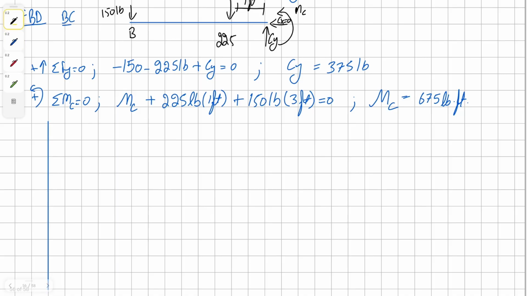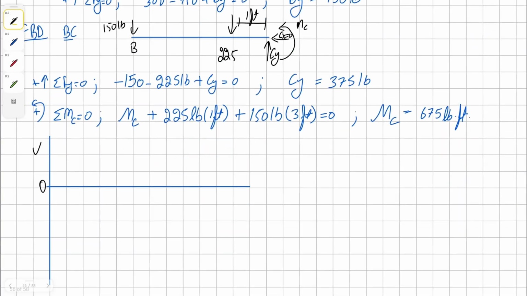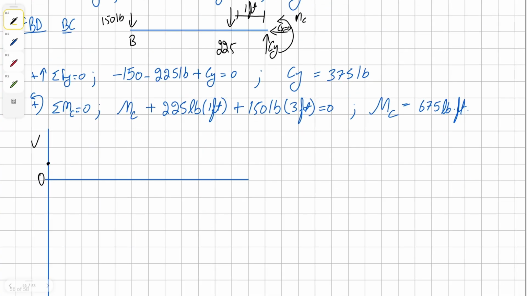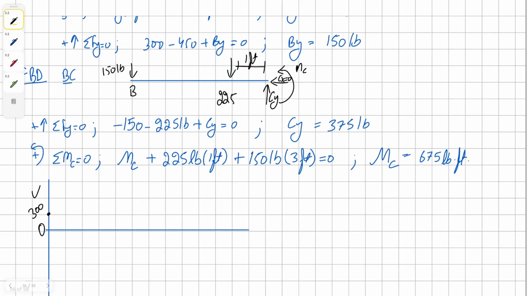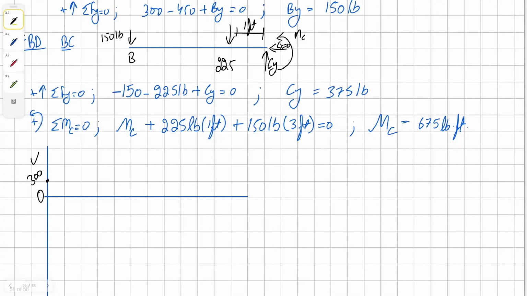I'm going to begin with the shear. So for shear, looking at section AB, we're going to begin at 300 pounds, and then we are going to go down 450 pounds over the course of 6 feet, and it's going to be a second order curve.